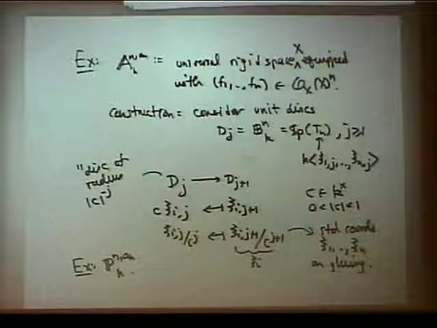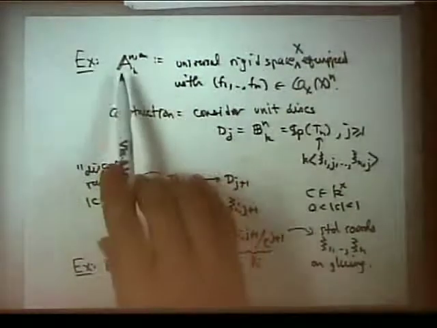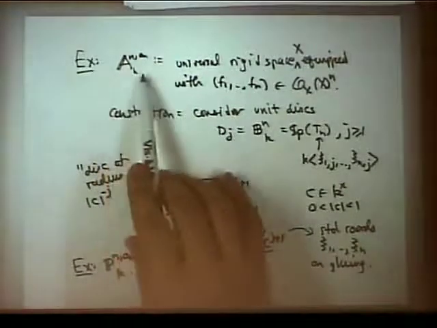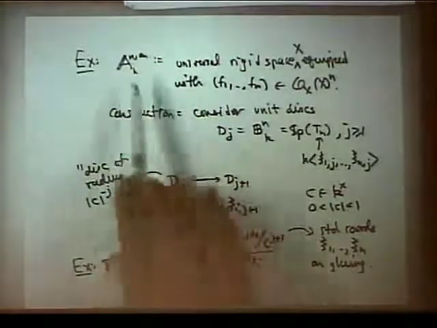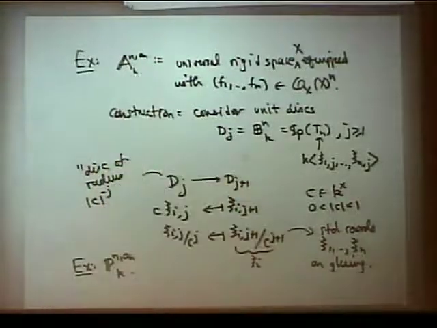I should mention in passing, one has to, of course, prove, but it's not difficult using the maximum modulus principle, that under this construction, the underlying set of this is the set of closed points of the algebraic affine space, and any Zariski open subset of algebraic affine space gives rise to an admissible open set. Although, of course, it's defined by the condition that a certain analytic function is not 0.